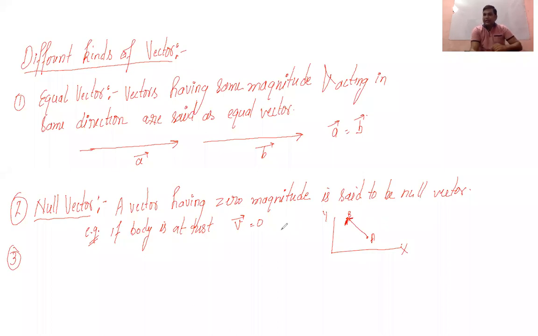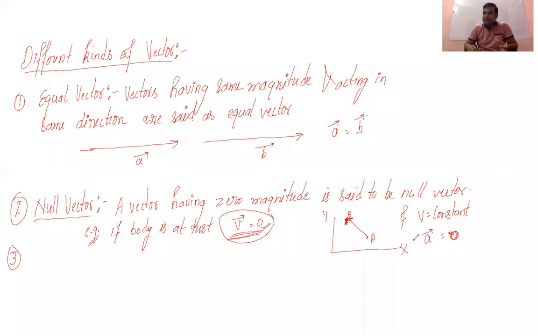Now at this instant, if the particle is at rest, then the velocity vector is zero and the direction is not defined. But if v is going to be constant, then the acceleration vector is zero, but the direction of the acceleration vector is along the velocity vector.